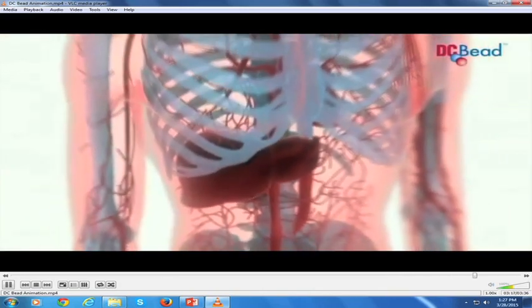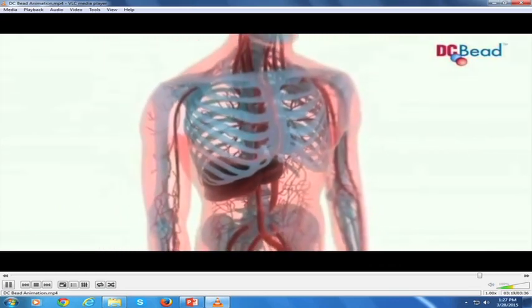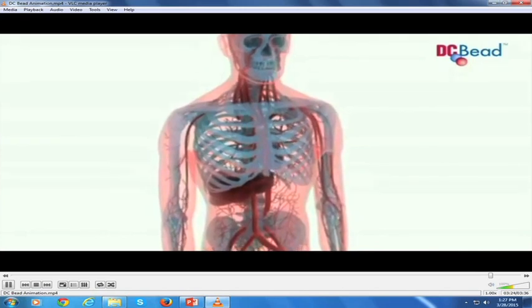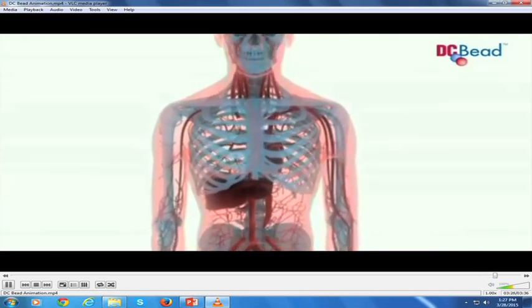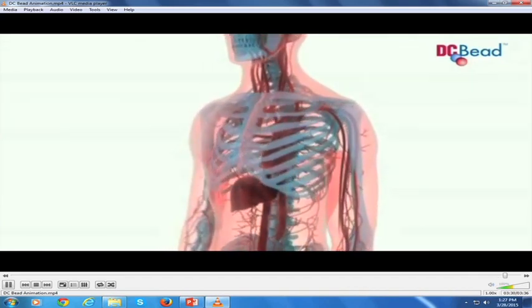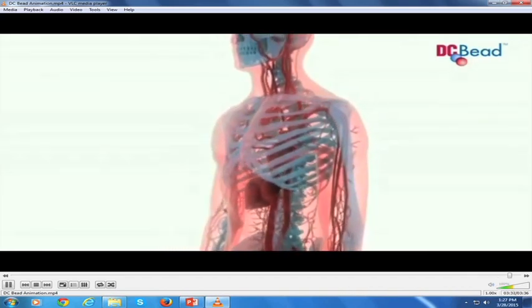The high tolerability of precision TACE should support patient acceptance and encourage adoption of this new and highly effective treatment option. DC bead delivering precision TACE is the new standard in safe and effective treatment of unresectable hepatomas.